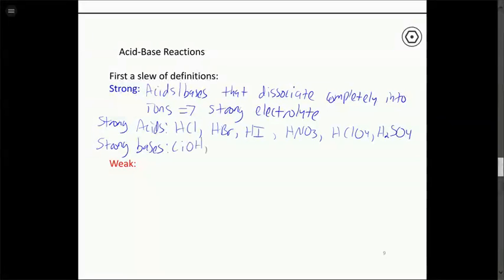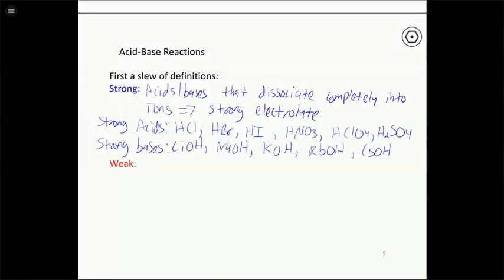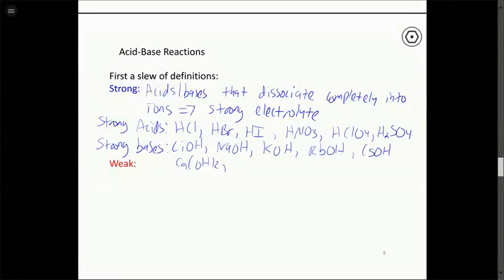So lithium hydroxide, sodium hydroxide, potassium, rubidium, cesium. All these group 1A hydroxides are soluble because all group 1A cations are soluble. And then there's a few exceptions also that we talked about in group 2A, which is going to be calcium, strontium, and barium.